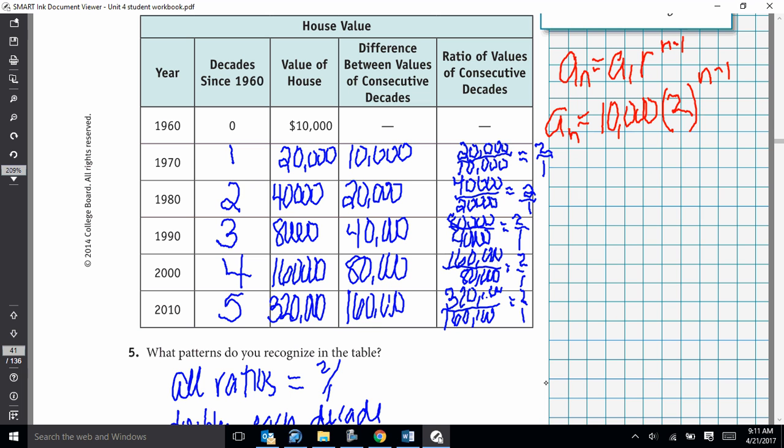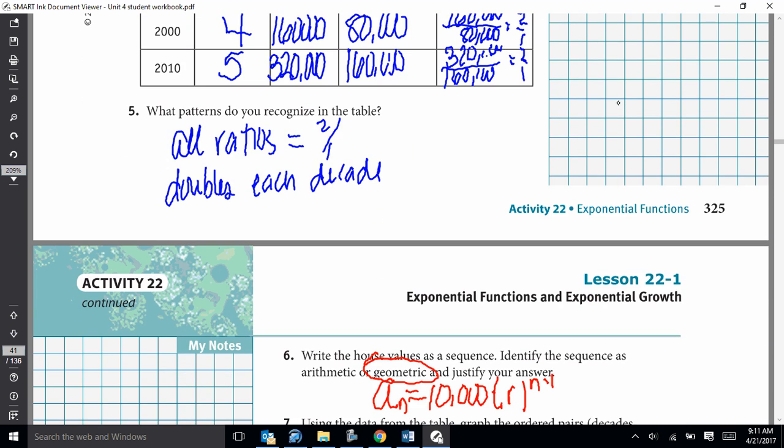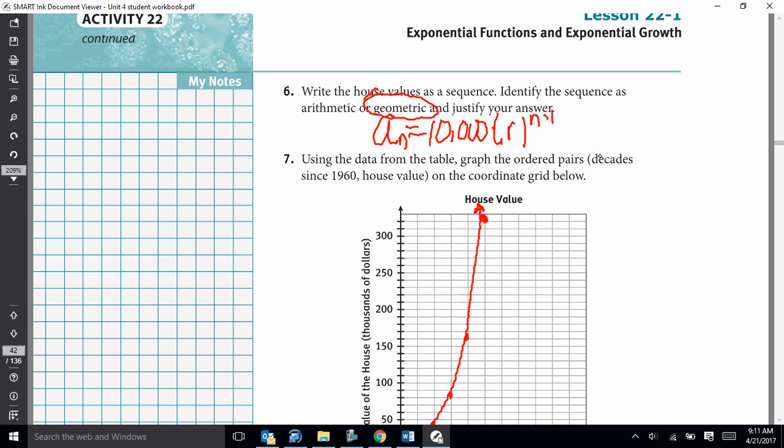Right. So in 2000 it was 4 decades, right? And then we're going half a decade. So 4.5. So let's use our equation here. So for n, because n is the number of decades, what are we going to put in for n?